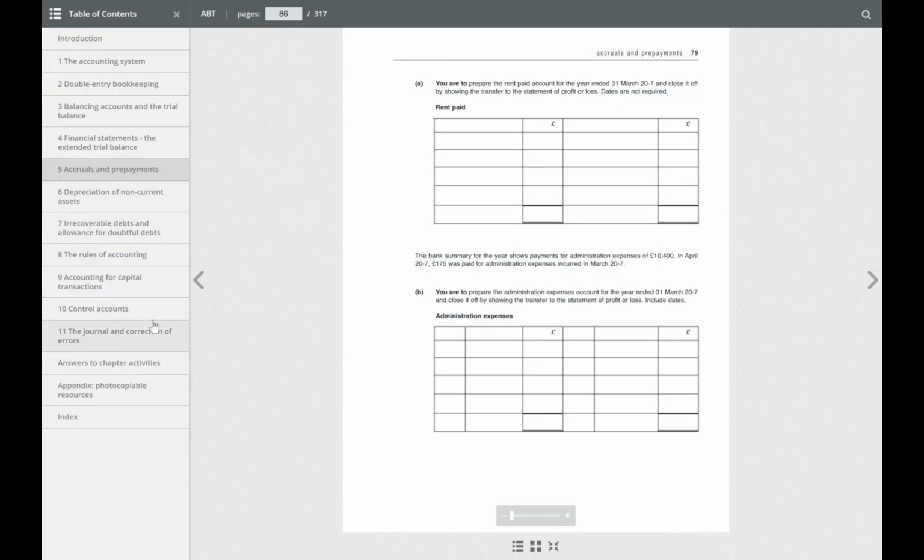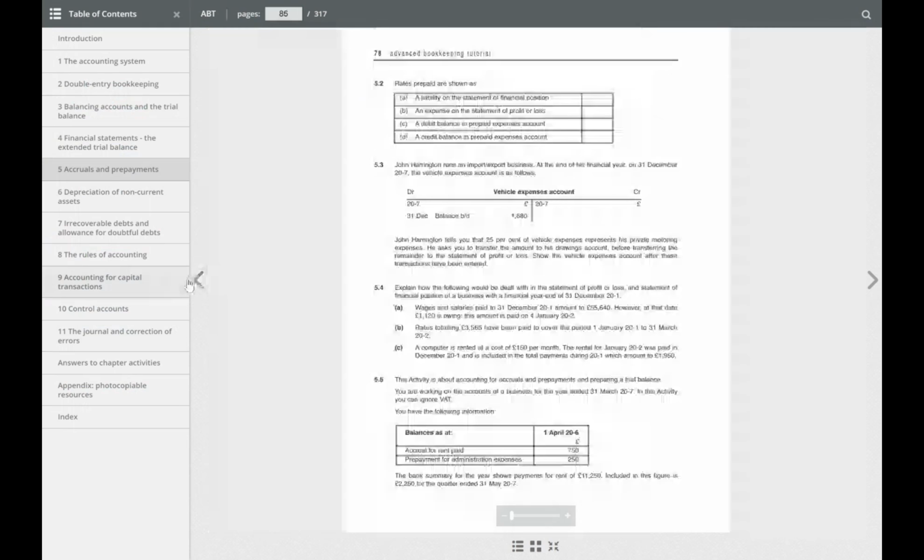Rent prepayment. Let's see what is given to us. This activity is about accounting for accrual and prepayment. You are working on accounts of a business for the year ended 31st March 2007. You can ignore VAT. Accrual for rent paid is 750.